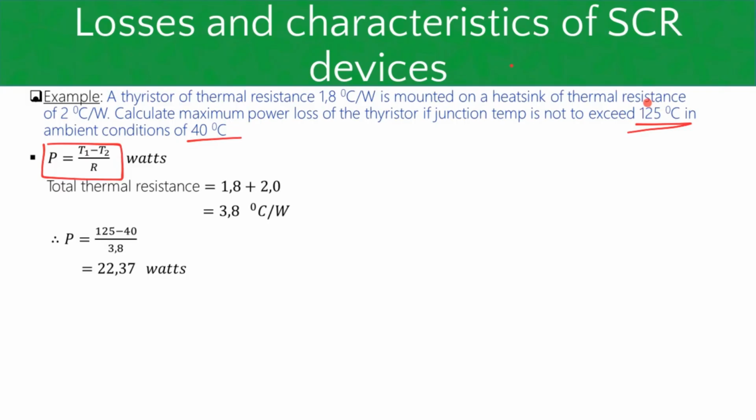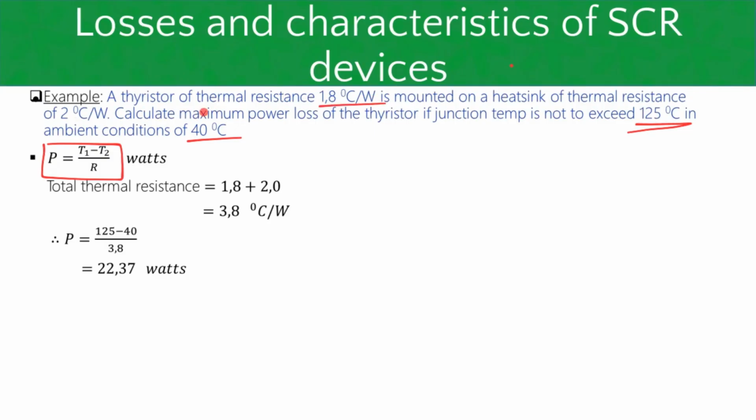So this is basically what we want to calculate here: how much power our SCR will have to dissipate into the environment. We're also given the thermal resistance of the heatsink as well as that of the thyristor SCR itself.